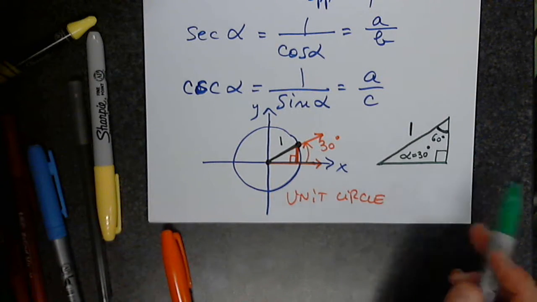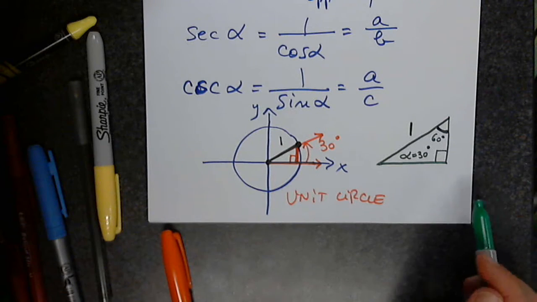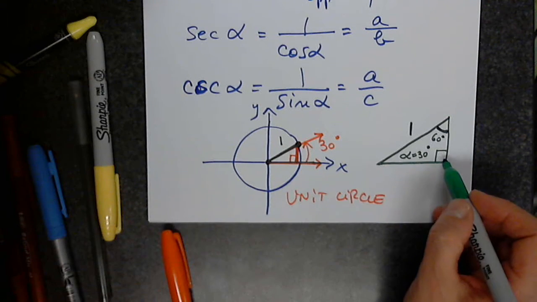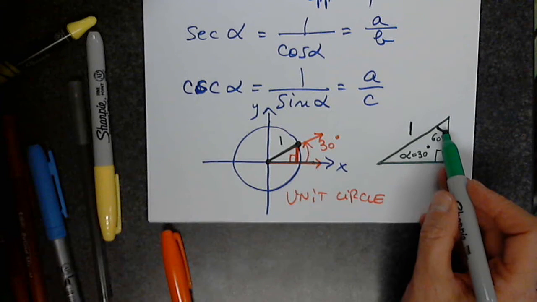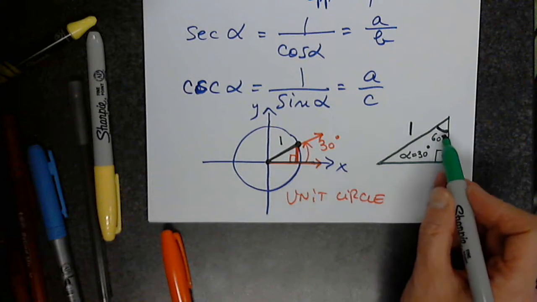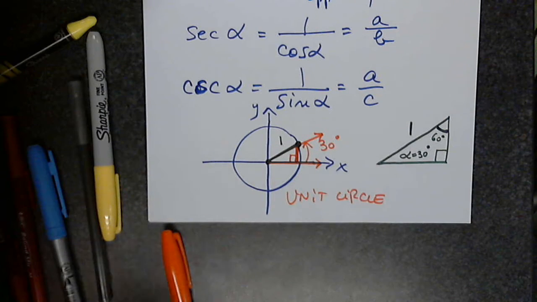Do I know anything from geometry or from your past experience with math? Is there anything special that happens only in a right triangle? 30, 60, 90. Not 29, 61, 90. Exactly 30, 60, 90. Anything that we remember? That's okay.